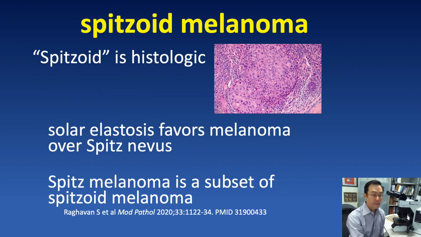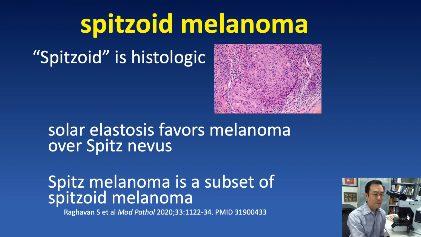And so in this notoriously challenging differential diagnosis of Spitz nevus versus spitzoid melanoma, probably the single simplest and most useful clue I can leave you is to be aware of the presence of solar elastosis in anything that looks like a Spitz nevus, because Spitz nevus, recall, occurs in children and young adults, whereas solar elastosis occurs in adults.